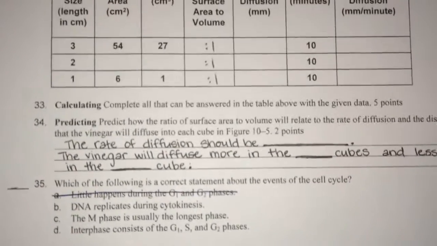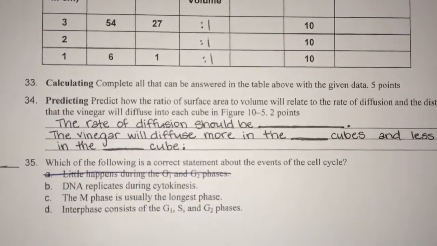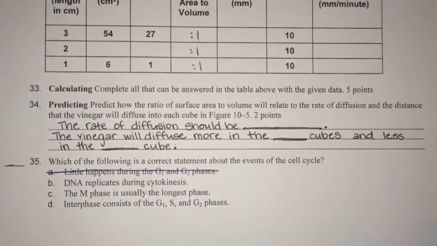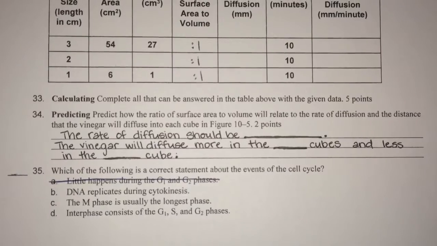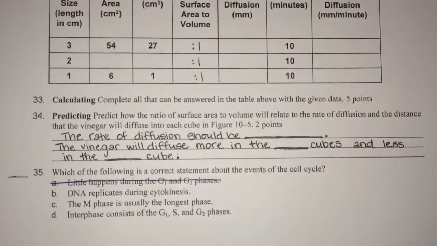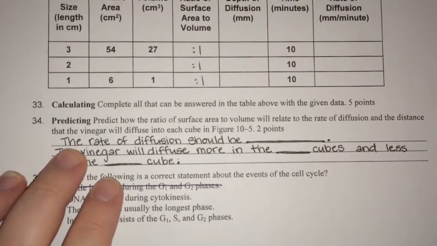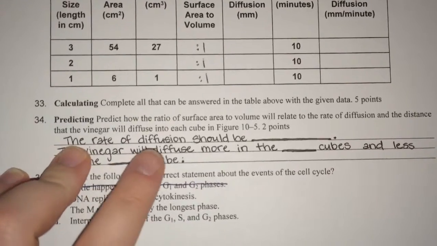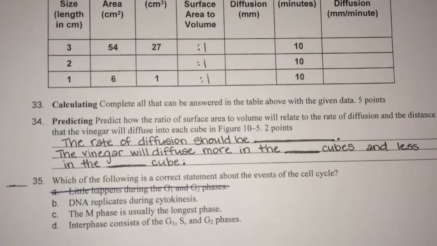Number 34, predict how the ratio of surface area to volume will relate to the rate of diffusion and the distance that the vinegar will diffuse into each cube. So you should have also talked about this in the lab. The rate of diffusion should always be, or will be, blank.